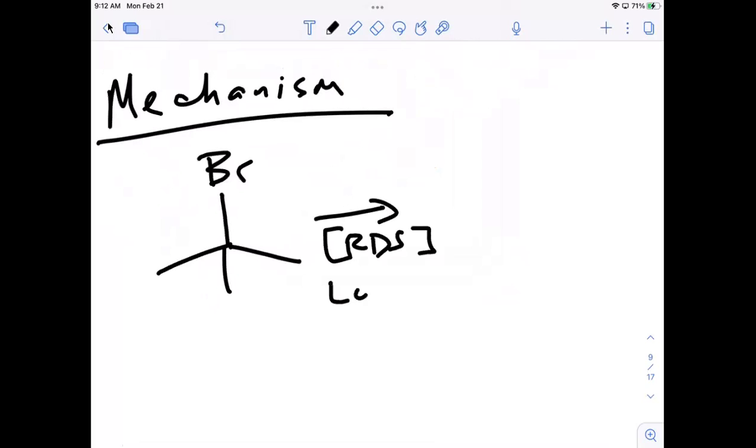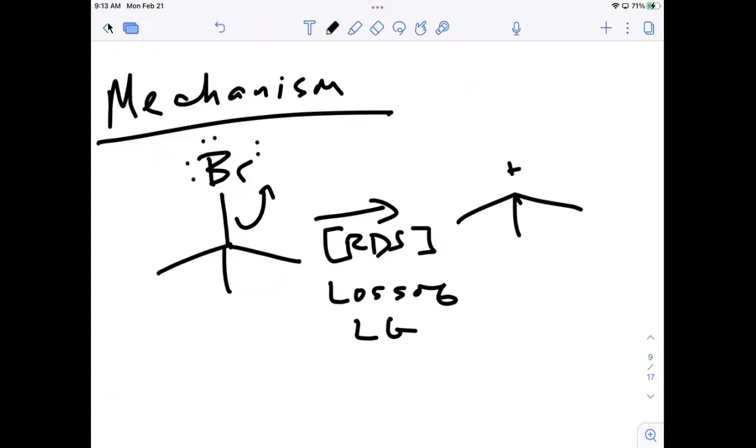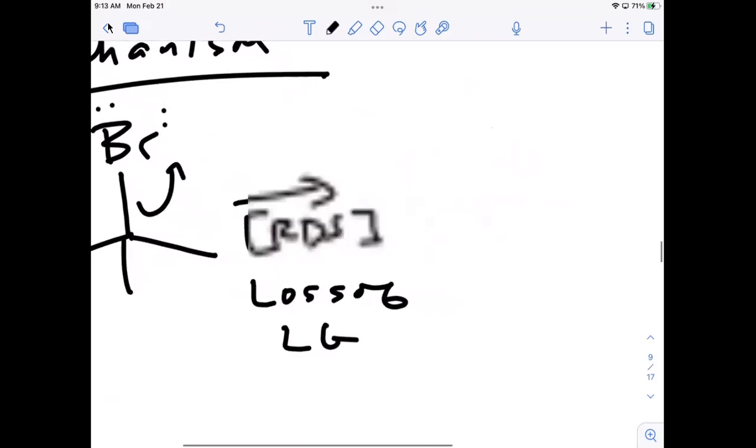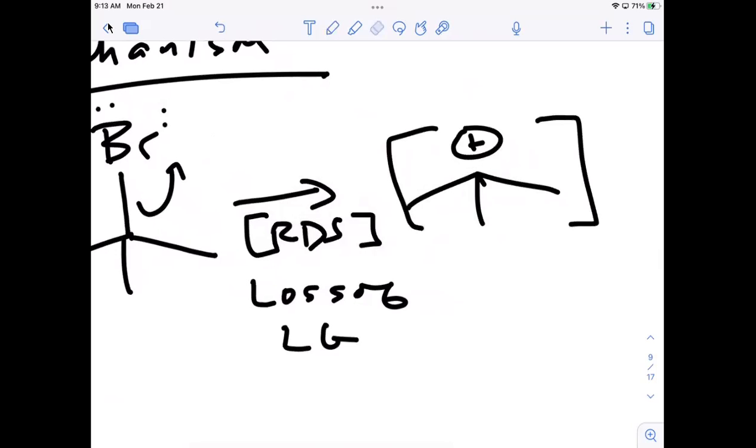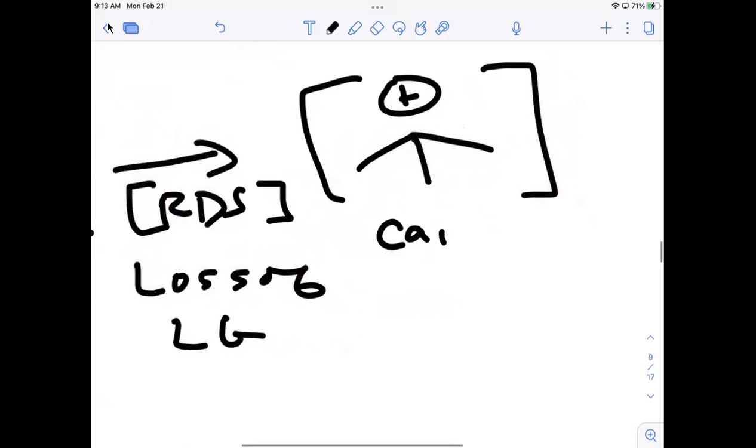And this is the loss of the leaving group. So that's my rate determining step. I just show it like so. Now this becomes a carbocation intermediate. This is a common intermediate for SN1 and E1.